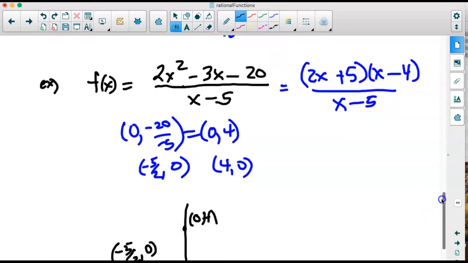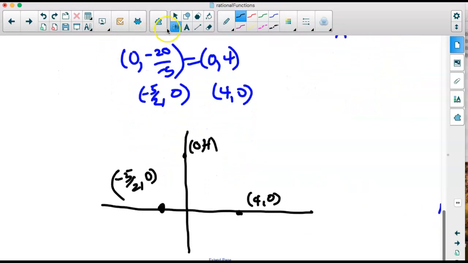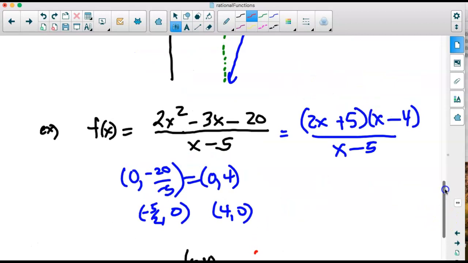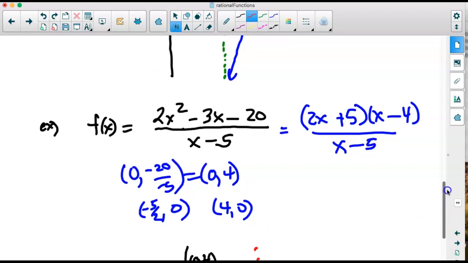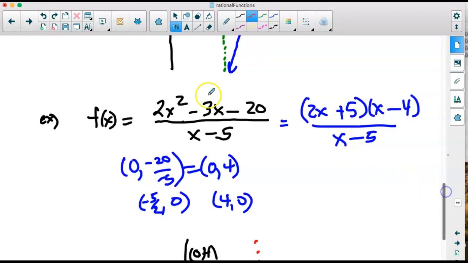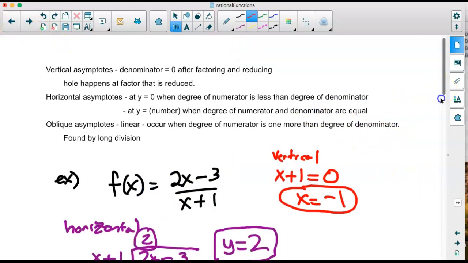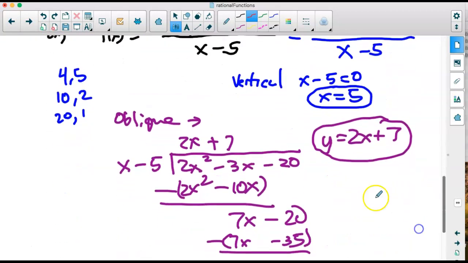And we have an asymptote at x equals 5. So I have a vertical asymptote here at x equals 5. I have a horizontal asymptote. Oh, actually, this is an oblique asymptote. So we have an oblique asymptote at y equals 2x plus 7.